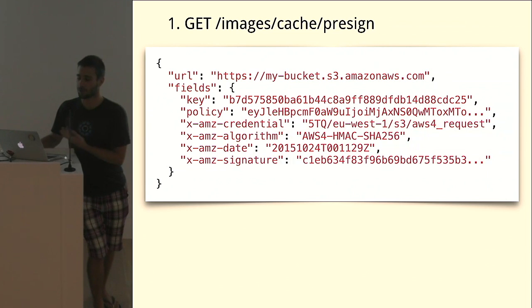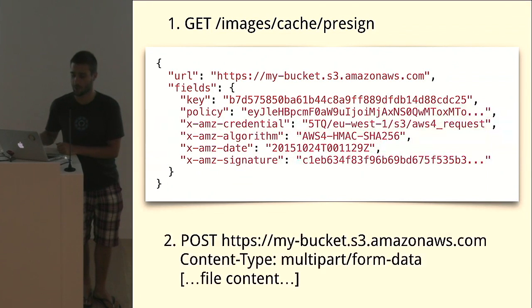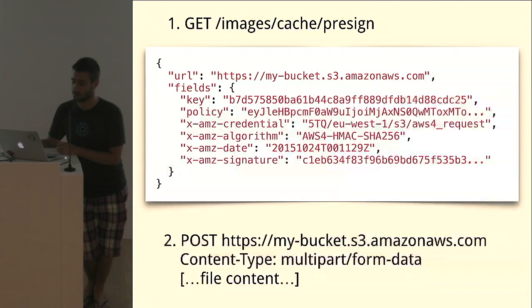So this presign is just information on which URL to upload to and which parameters to use, and the client just requests the JSON data and uploads the file to whatever the presign gives, directly to Amazon S3. Which means that now your app is completely free of handling file uploads. The file is just directly uploaded somewhere else.